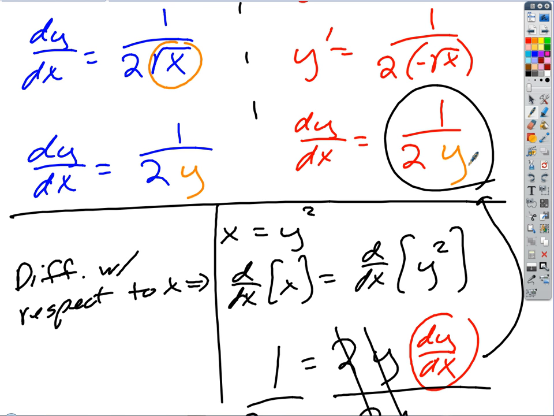Let me give you an example where it's more than just convenient. Say we start off with something really ugly like this.